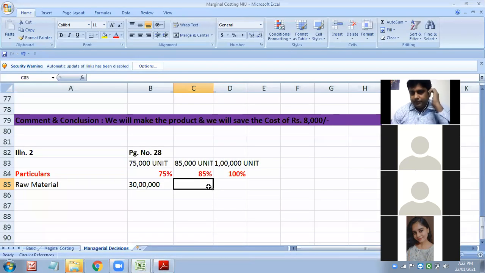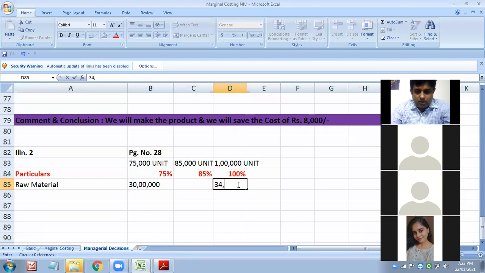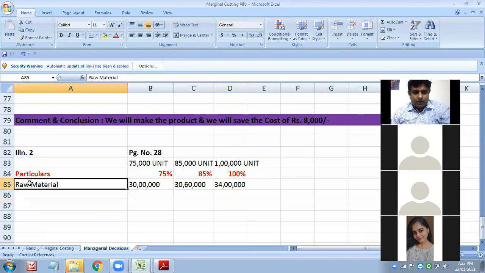How much are you getting? 85,000 units into 36 rupees. 30 lakh 60,000. This is my raw material or direct material.